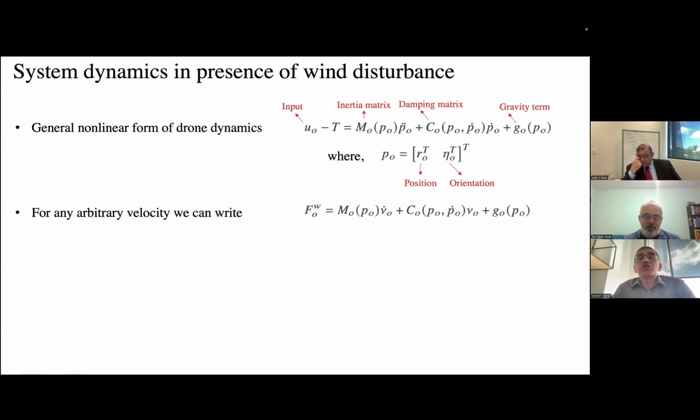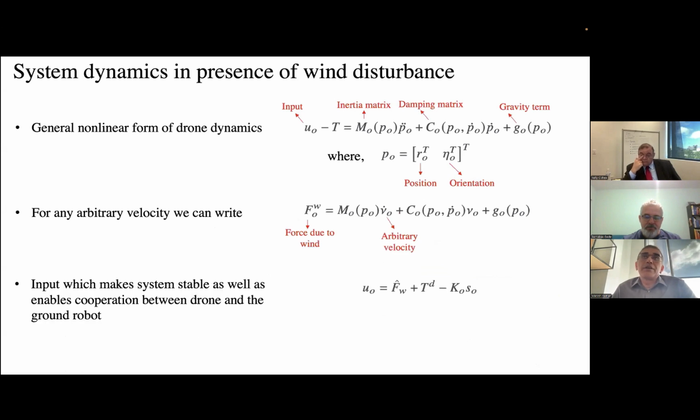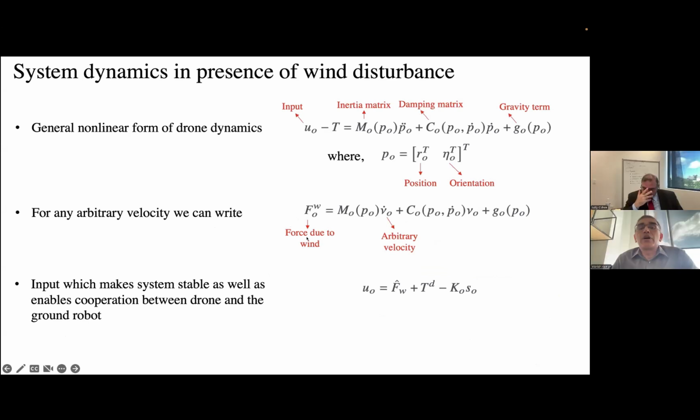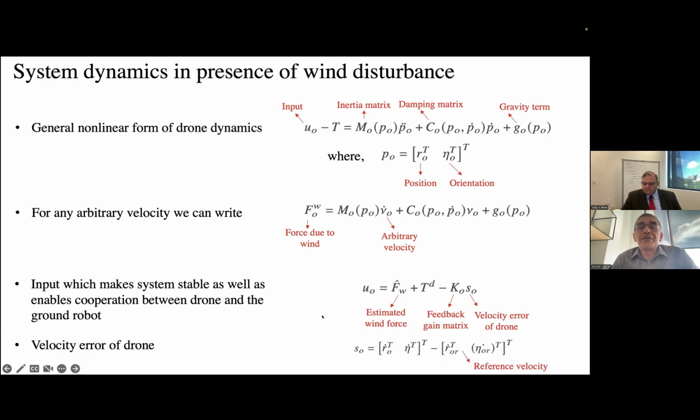So in case of wind disturbances, we formulate the problem within adaptive control theory. So you write down the equations of motion in this format. Again, consider the force due to wind at any arbitrary velocity. You write down these equations of motion, and then you consider a stabilizing input as shown over here, where your S naught is the error between the actual velocity and the reference velocity.